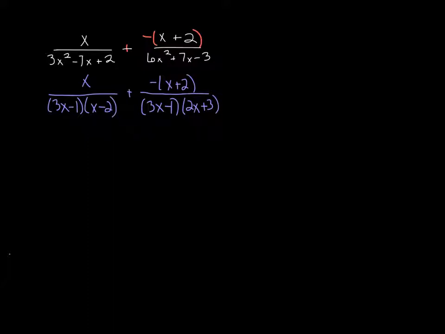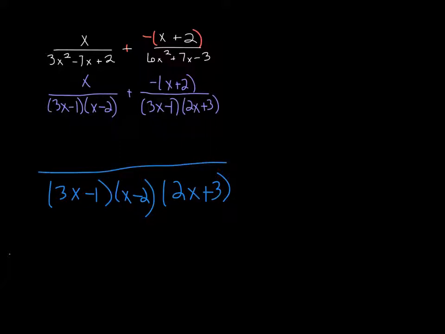So in the first fraction, we have a 3x minus 1 and x minus 2. And then in the next group, we have a 3x minus 1 again, but we don't need to repeat. And then we have a 2x plus 3. So that would be my common denominator.